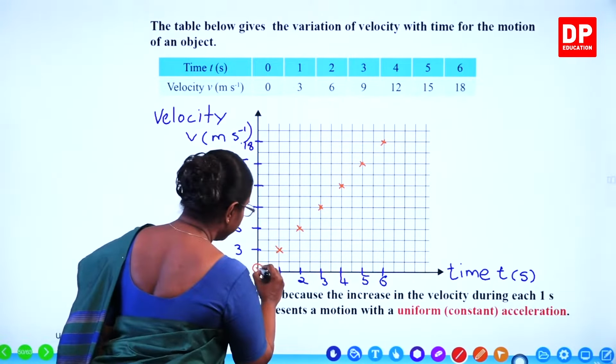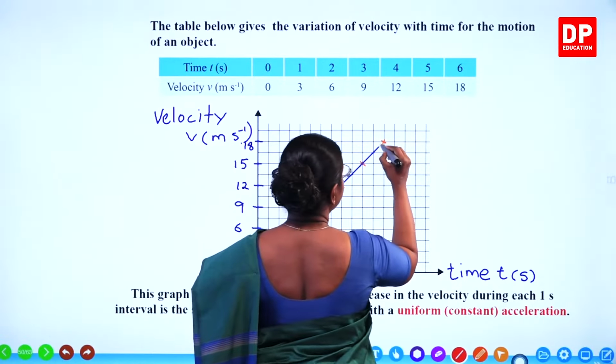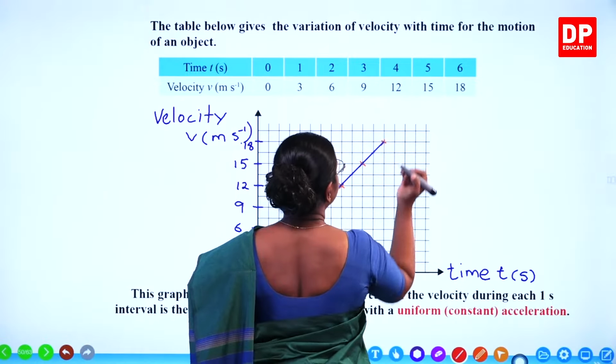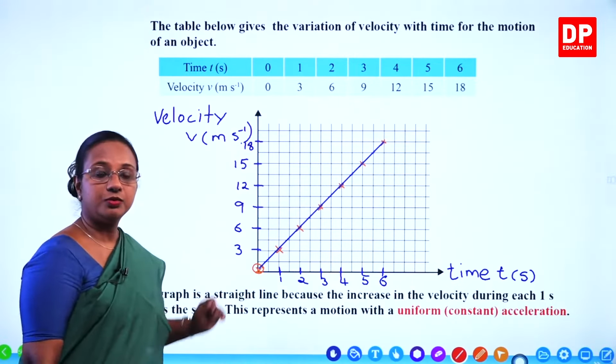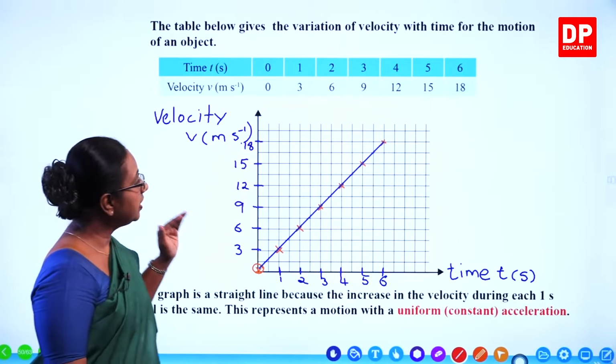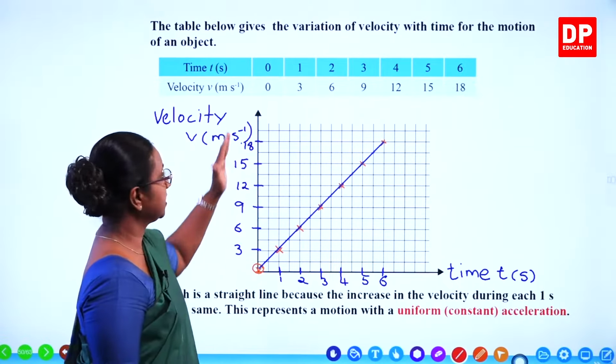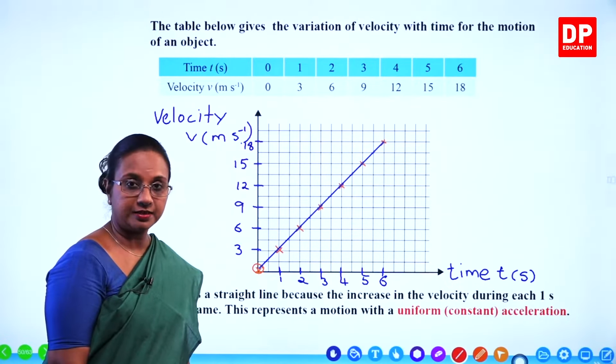Starting from the 0, 0 point, when you connect all the coordinates, you will get a straight line going through the point of origin. And so here you can see with time the velocity is increasing.